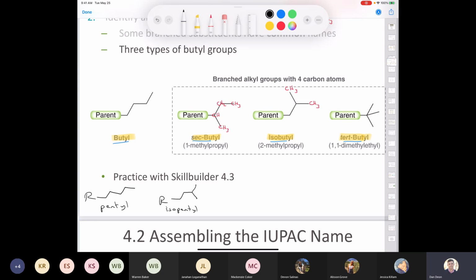And then you can have a neopentyl or a tert-pentyl. So if you have something that looks like this, it is called neopentyl. Okay, I'm not going to ask you to memorize any of those. I guess the pentyl you would need to know, but you don't have to have these ones memorized.